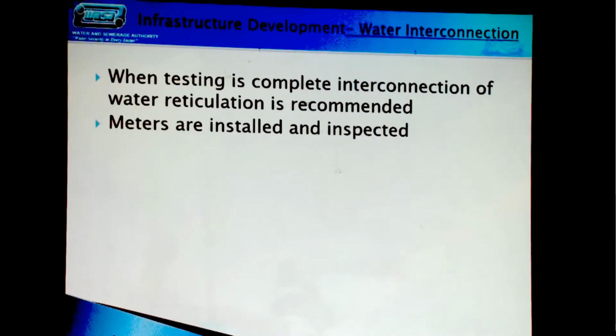After the testing is complete, also for the water reticulation system, there are the meters. All developments in Trinidad and Tobago must be metered. Whether it's townhouses or individual lots, you must install a water meter.